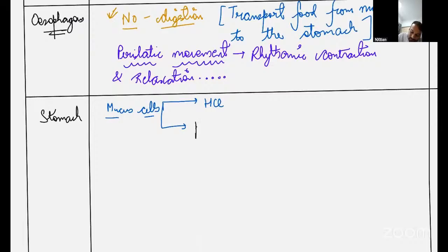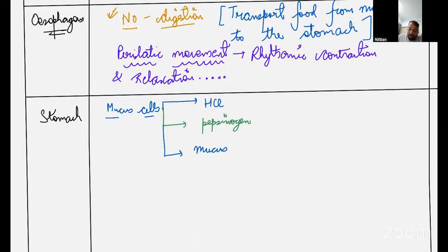It is called pepsinogen. It doesn't have an 'ase' ending, but still it's an enzyme. Okay. Are you getting this? And the third thing is mucus.